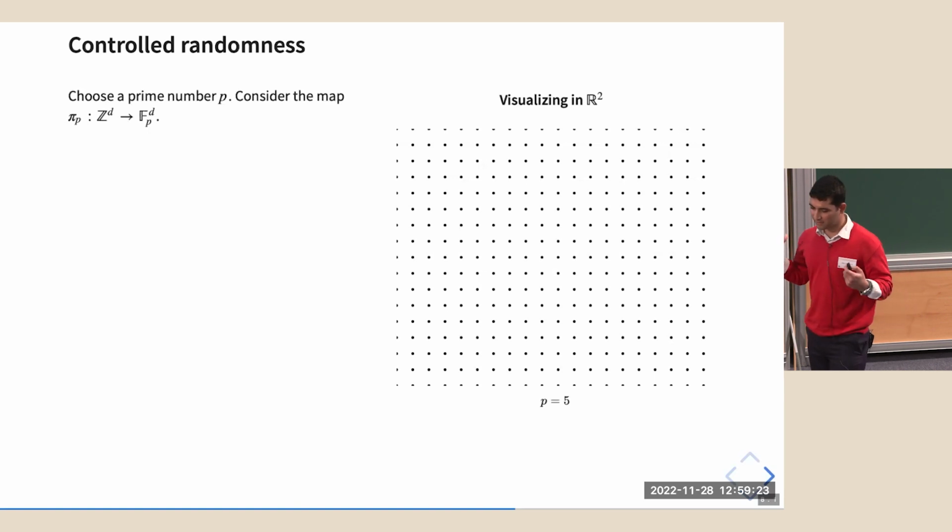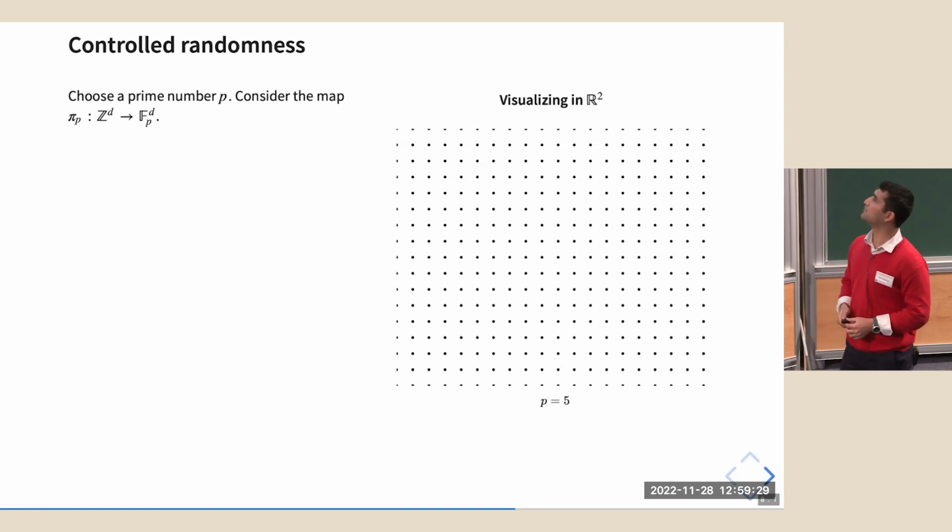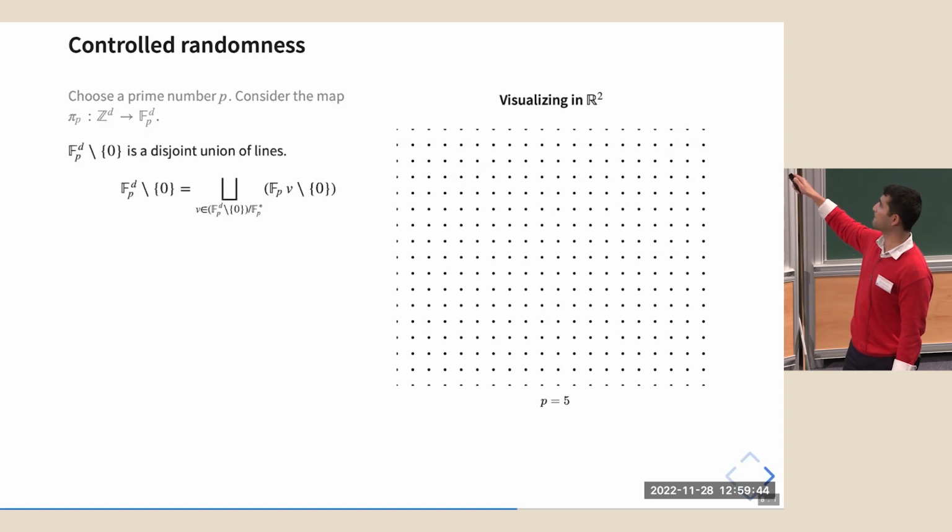So what this requires is some sort of discretization of your homogeneous space. Here is this discretization working for dimension 2. Consider this lattice, the standard Z square, and consider these lattice points mod 5. So it is a disjoint union of lines.